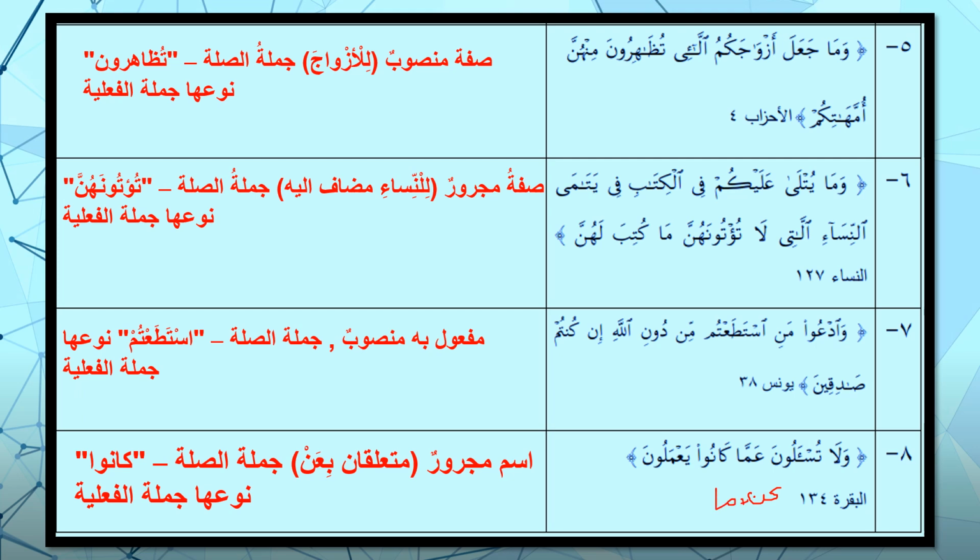So when it's added with an harf jar, the noon is actually deleted and it becomes amma with shadda. So this is the harf jar an and ma. So it's coming after harf jar an. So the position of ma is ism majroor, muta'allaqan or related to an harf jar. Jumlatus sila is kanu. So we have the fail kana and vowel jama here. So this is jumlatus sila.